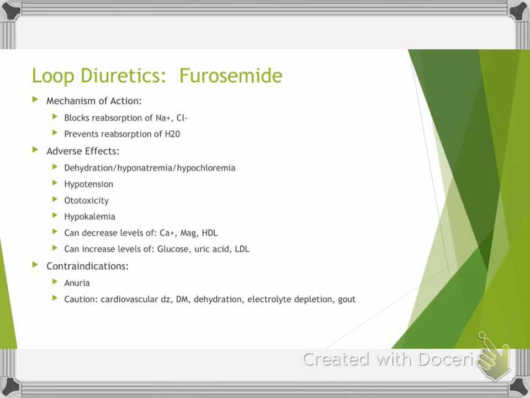Again, this is all due to the mechanism of action. So we want to make sure that we're monitoring the electrolytes, monitoring the urinary output. It does put them at increased risk of thrombosis and embolism, so we want to be aware of that. Hypotension, we want to monitor their blood pressure. We want to tell them to avoid sudden changes in position because of the orthostatic hypotension.